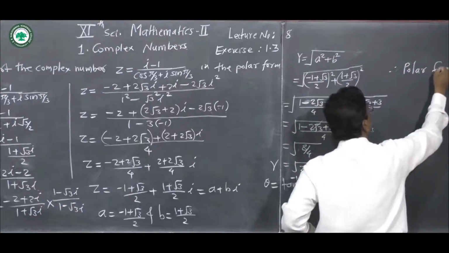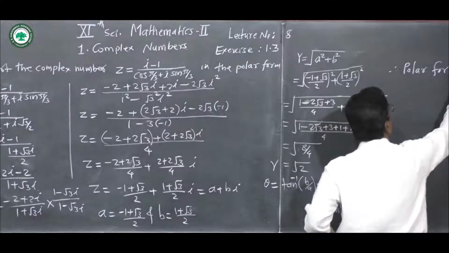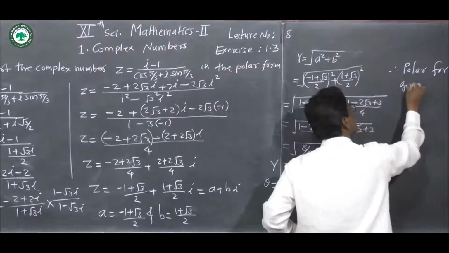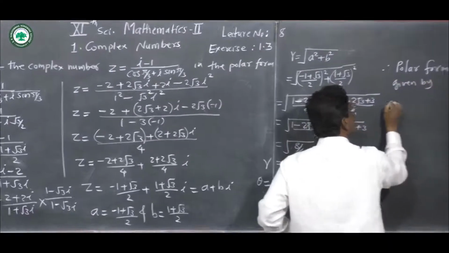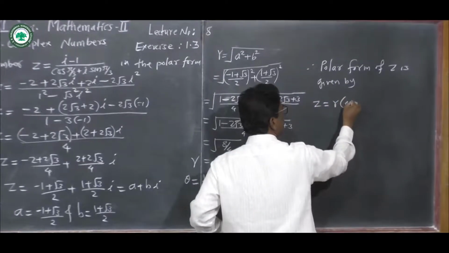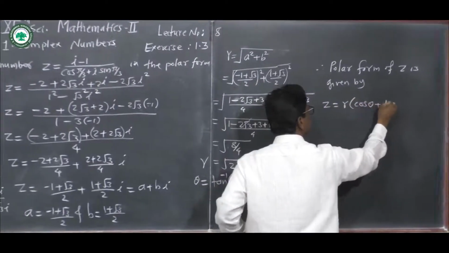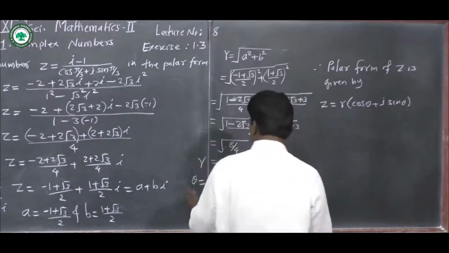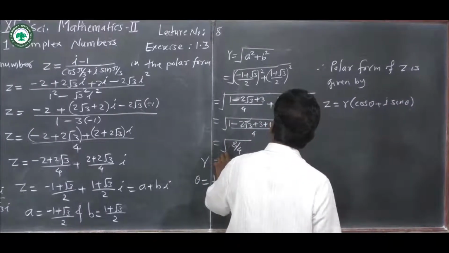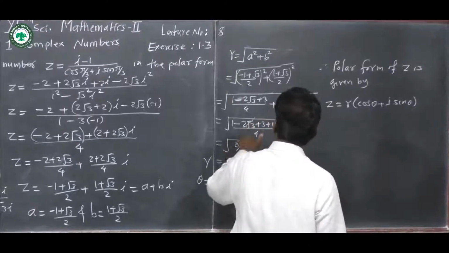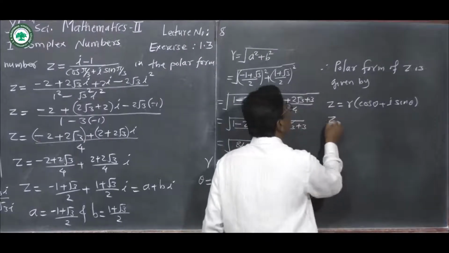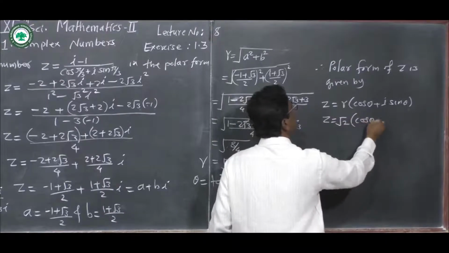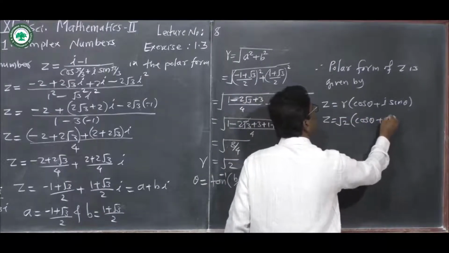And now here polar form of z is given by z is equal to r in the bracket cos theta plus i sin theta. Okay, now put the value of r. r is here under root of 2. So z is equal to under root of 2 into cos theta plus i sin theta.